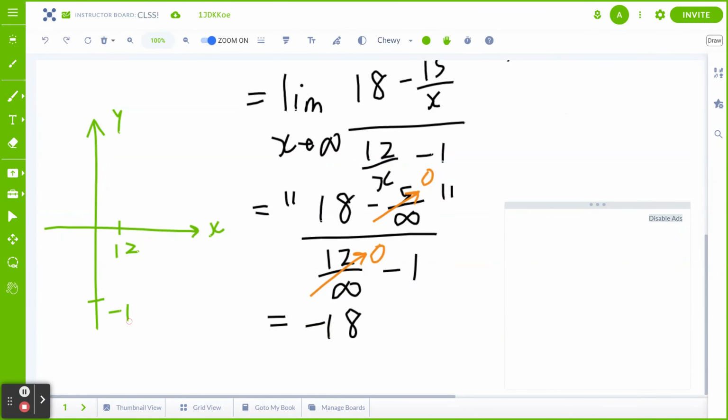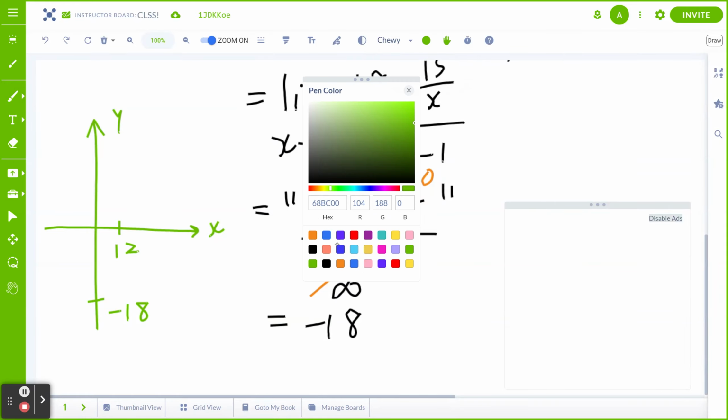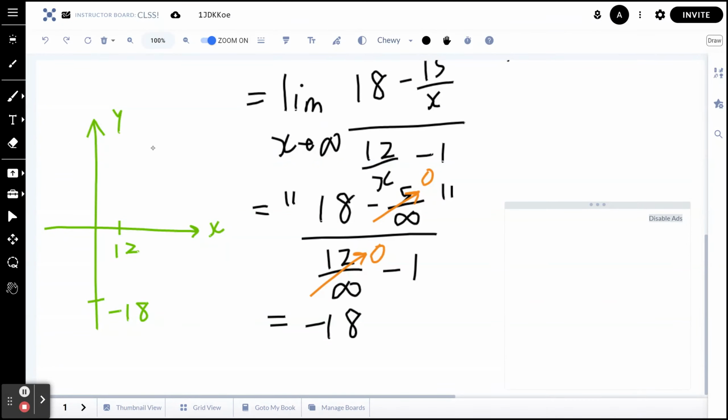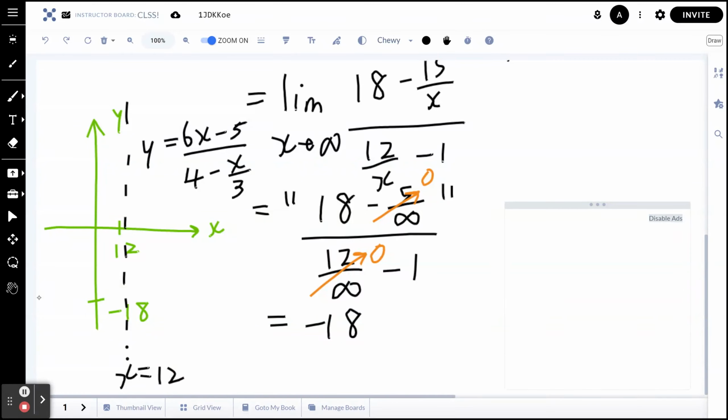Then I can draw y equal to f of x, where f of x in this case is (6x minus 5) divided by (4 minus x divided by 3). If you think about the vertical asymptote located at x equal to 12 and the horizontal asymptote located at y equal to negative 18, the graph, roughly speaking, looks something like this.